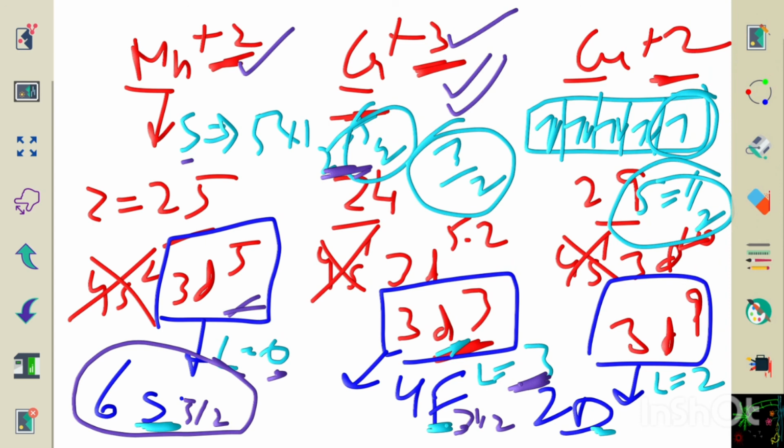For copper plus 2, we already found 2D by the trick directly. Now L value we calculated to be 2, S is half. Since it is more than half filled, its value will be L plus S, which is 2 plus 1 by 2, that is 5 by 2. So its term symbol will be 2D 5 by 2.